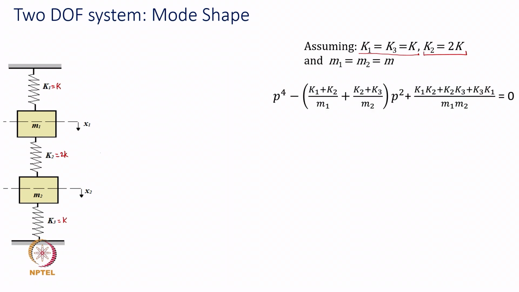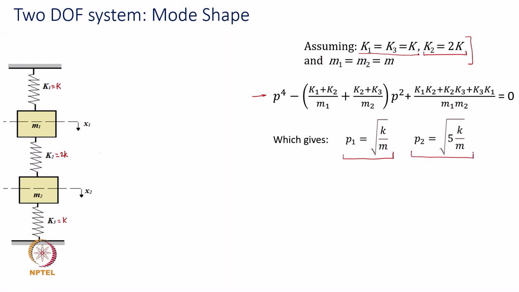If we now use these values in the general frequency equation that we have obtained, it is quite simple and straightforward to solve, and you will find that the first of the two natural frequencies is square root of k over m. The second one however will have the value square root of 5 k over m.